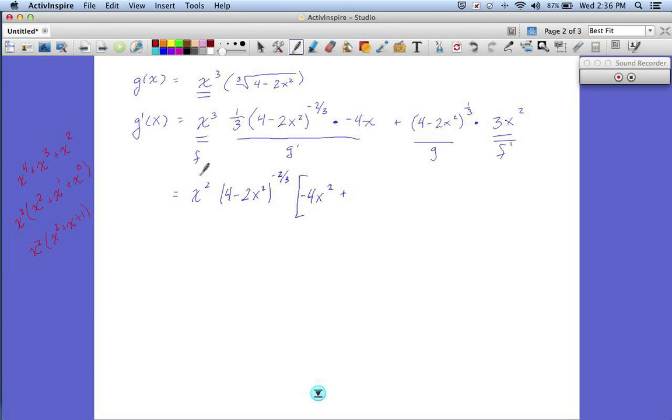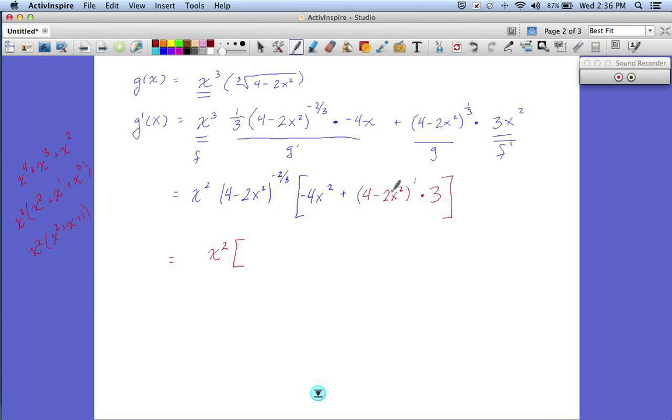So it stands to reason that in this case I'm going to take 1/3 minus negative 2/3, and I'm going to get 4 minus 2x squared to the first power. 1/3 minus a negative 2/3 is a 1. And here the x squared came out, but we still have that 3 sitting there. So we now have x squared.